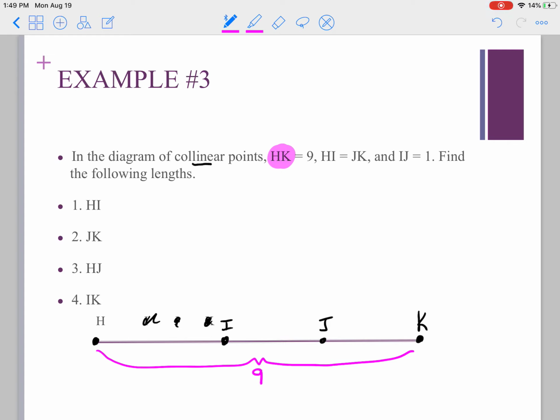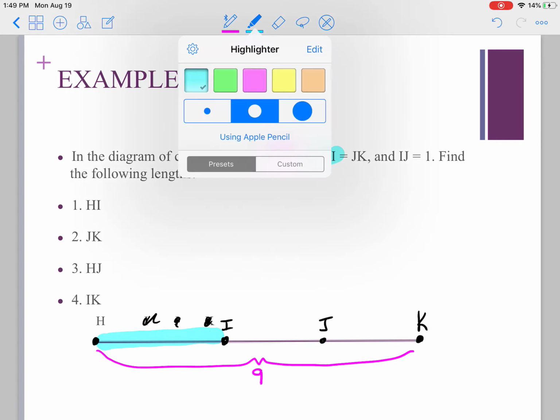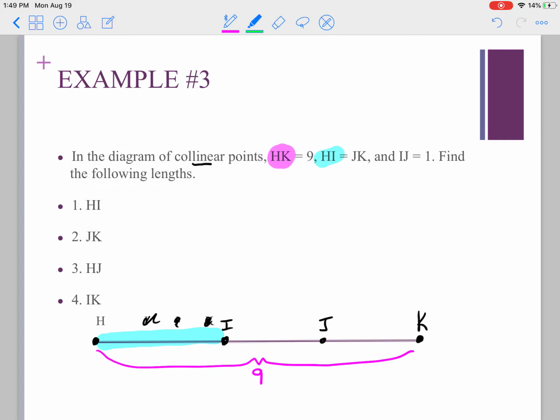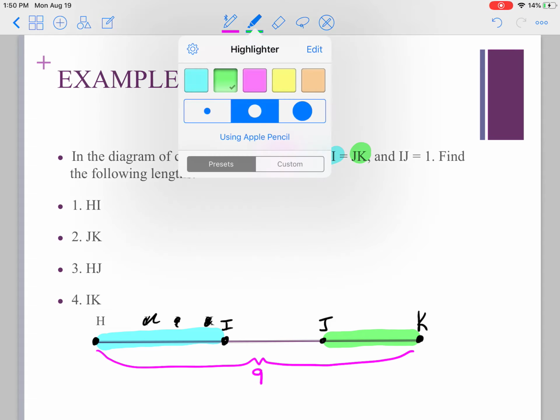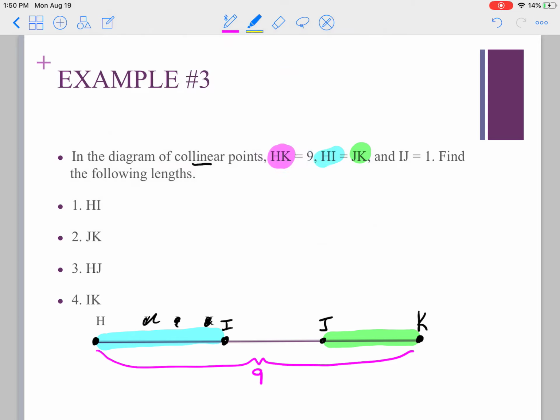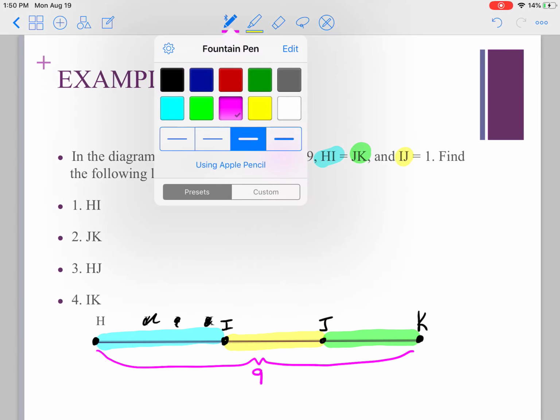We also know that HI is equal to JK. Okay, so those are going to be the same length. And then we also know that IJ is equal to 1.